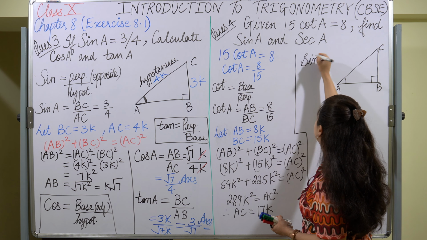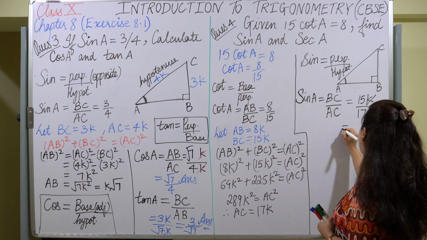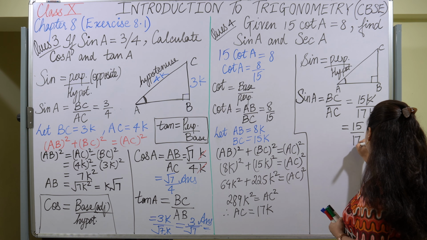So BC value is 15k and AC value is 17k. We have found this out with the help of the Pythagoras theorem. So k gets cancelled and we are left with 15 upon 17 as our answer.